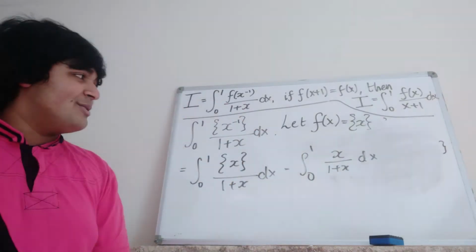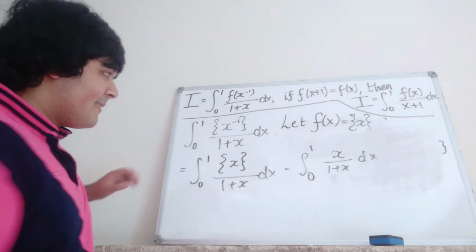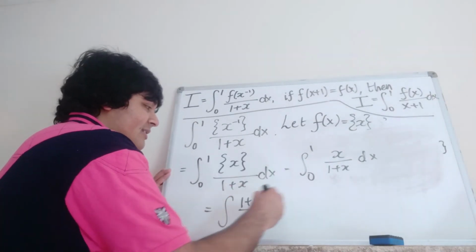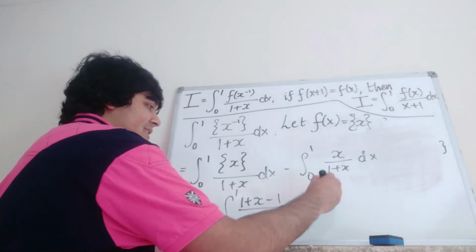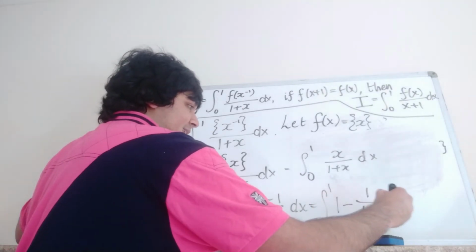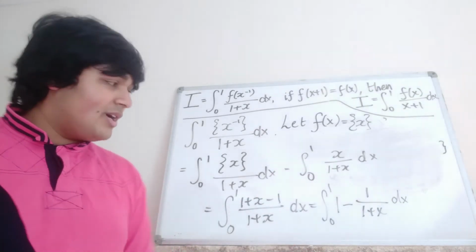And there are a bunch of different ways you can evaluate this. What I'm going to do is add 1 and minus 1 to the numerator. So I can write this as the integral of 1 plus x minus 1 divided by 1 plus x dx. But of course, this is the integral from 0 to 1 of 1 minus 1 over 1 plus x dx. And I'm running out of room. The integral from 0 to 1 of 1 is just 1.